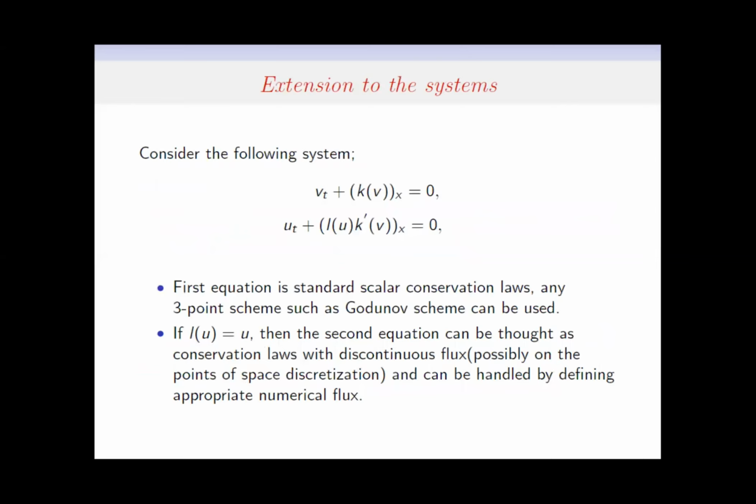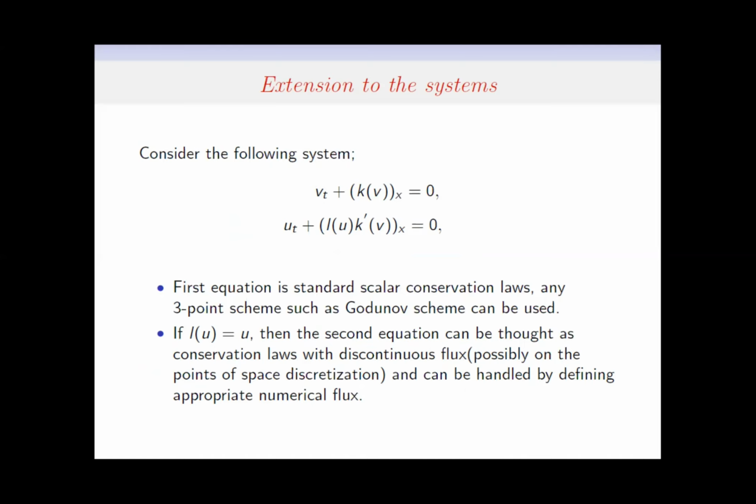Okay, so we also extended the scheme to the system. We can observe that the first equation is a standard scalar conservation law, and the second equation can be thought of as an equation with discontinuous flux function if k dash is discontinuous.